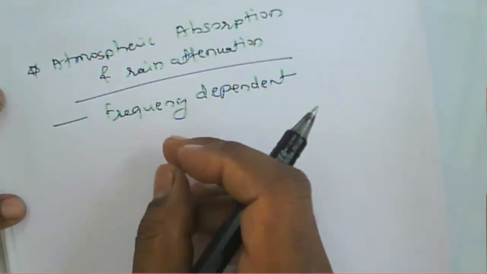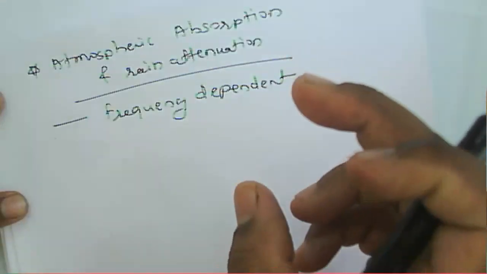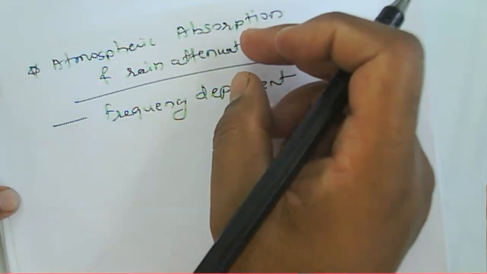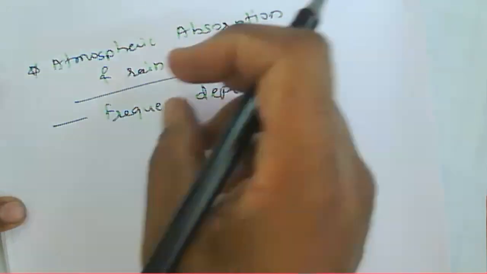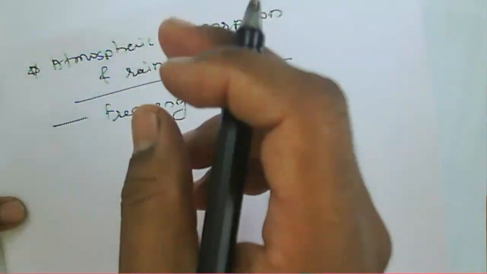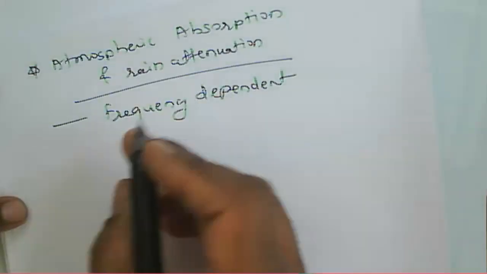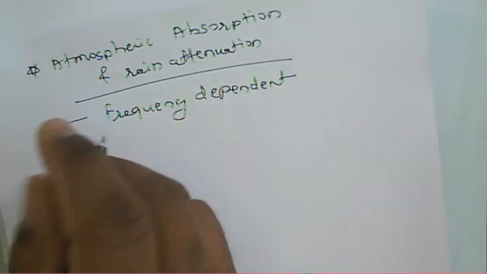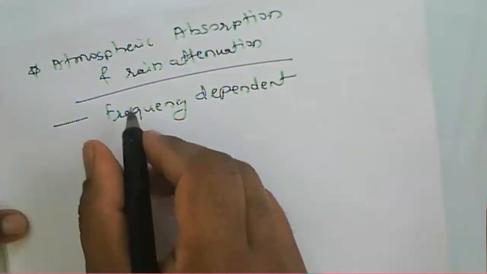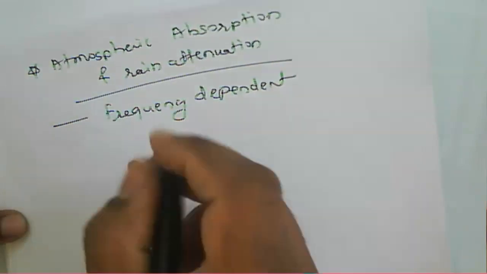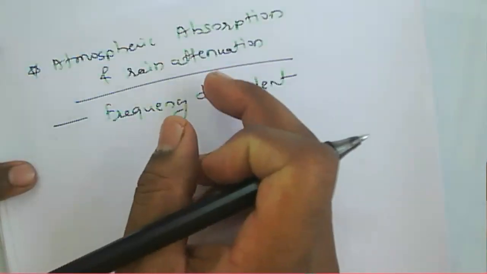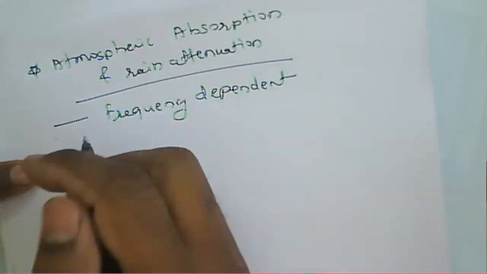That absorption or attenuation is due to free electrons and molecules. In a particular day or night, the electron density changes, or these free electrons collide with particular molecules or atoms.